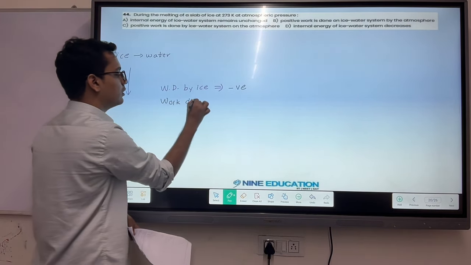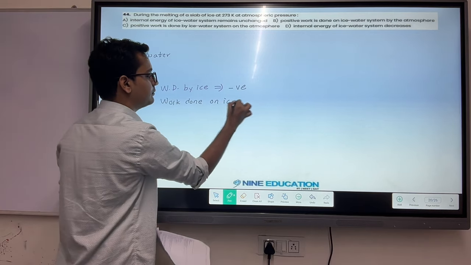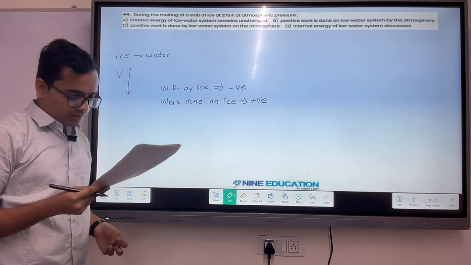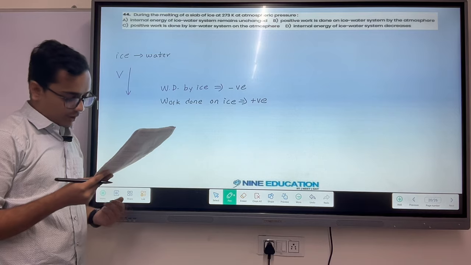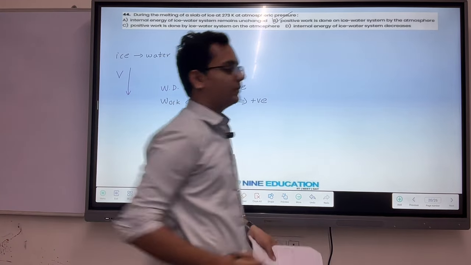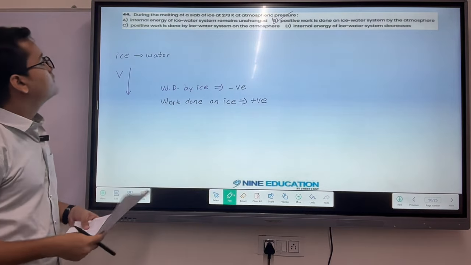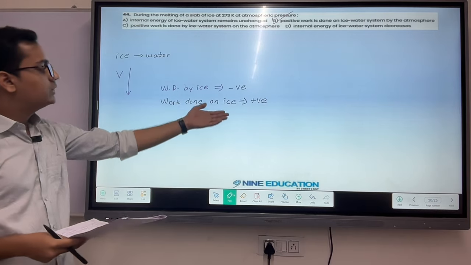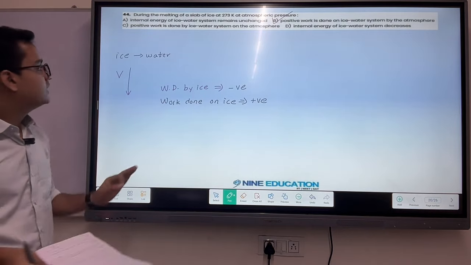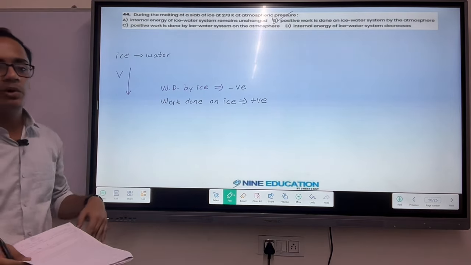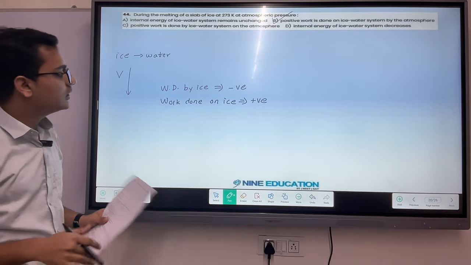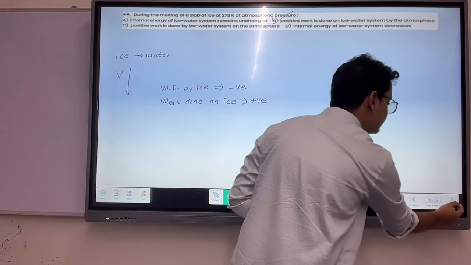Work done on ice is positive. So the correct option is option B: work is done on the ice water system. You just need to remember volume drops. As the volume drops, the work done by the system is negative. Hence the surrounding will do the work on the system. So that's why option B. Clear?